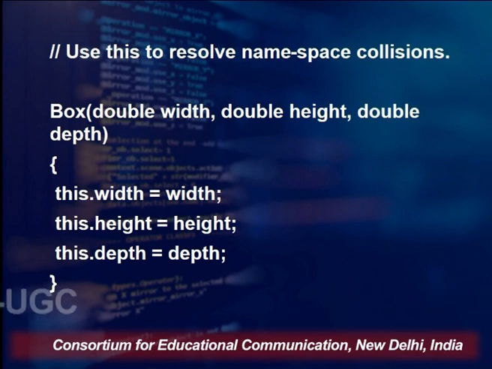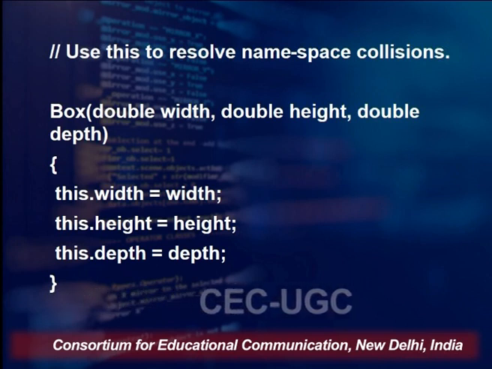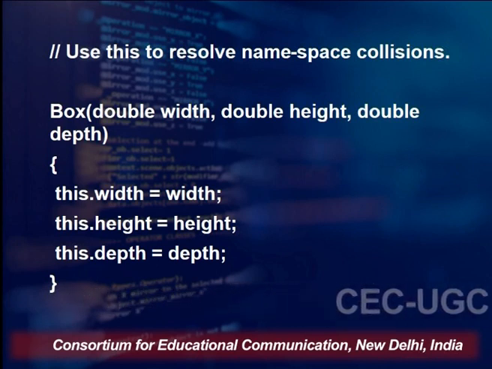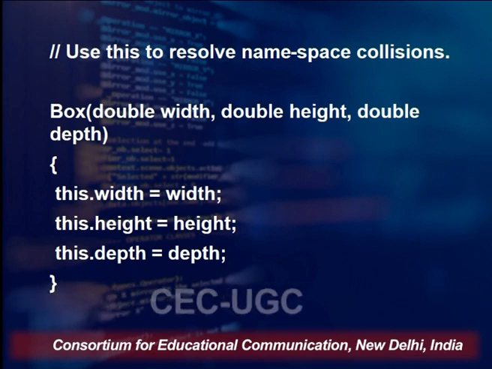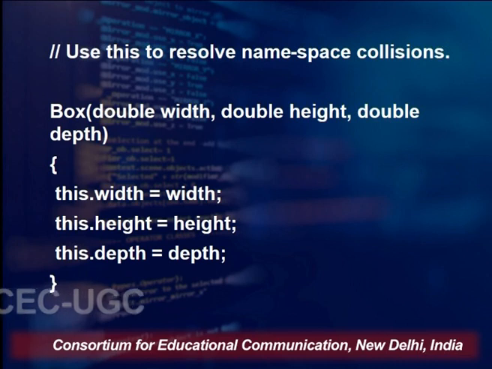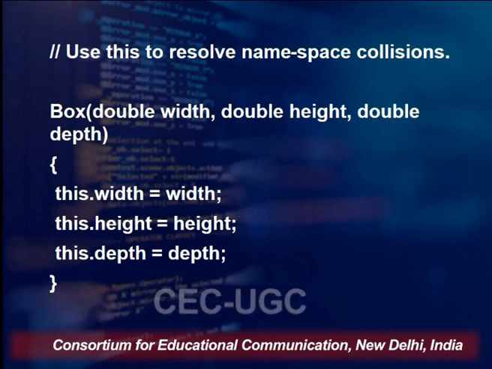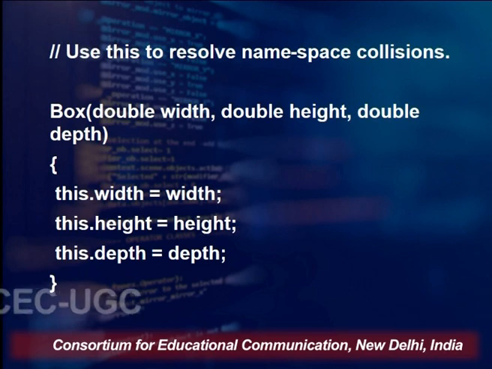So for example, let us say I am using it for my box 1. Then this.width will refer to the width of my box 1, or if I am using it with my box 2, then this.width will refer to the width of the my box 2 object.